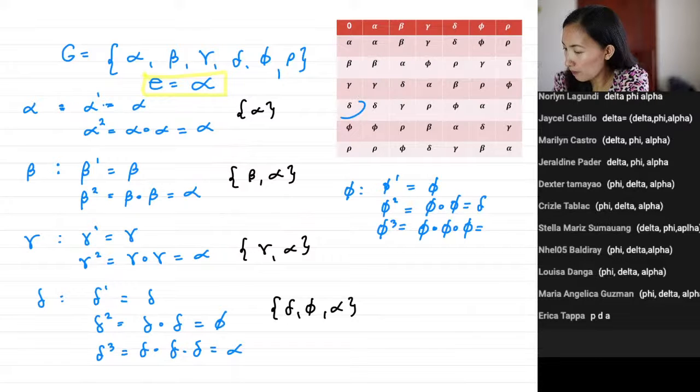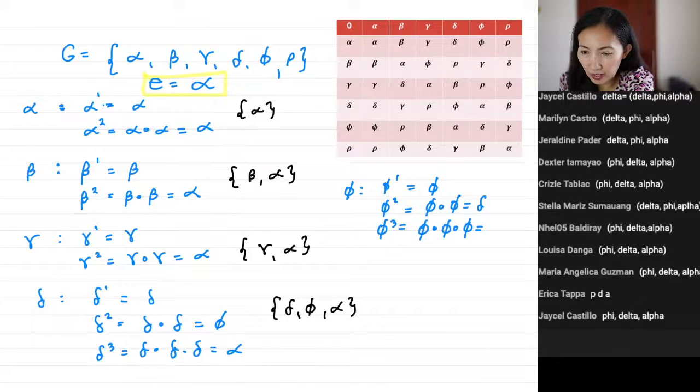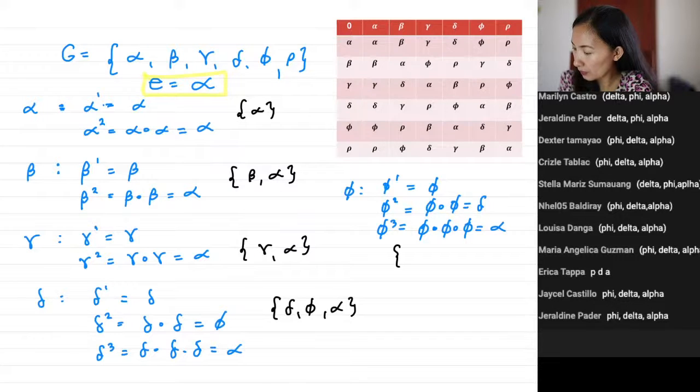Delta circle phi is alpha. Phi, delta, alpha. I think you got the right answer. So we have generated the subgroup phi, delta, and alpha.